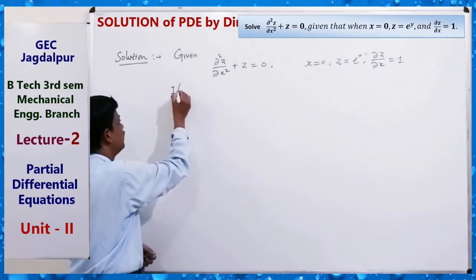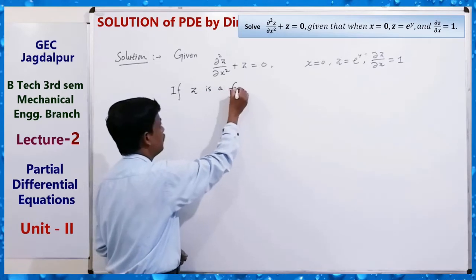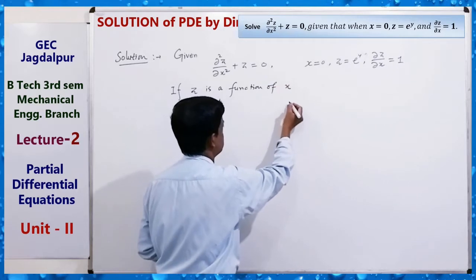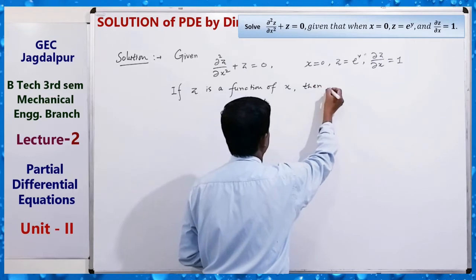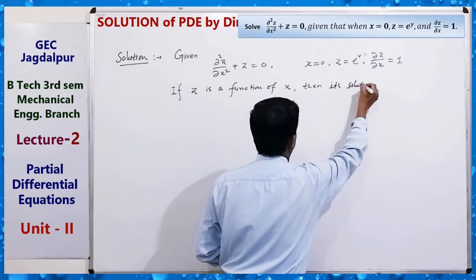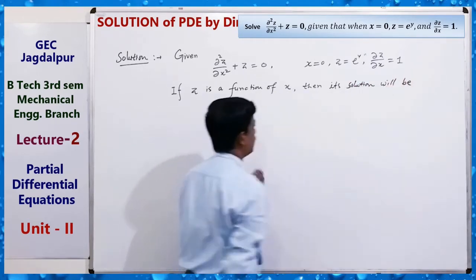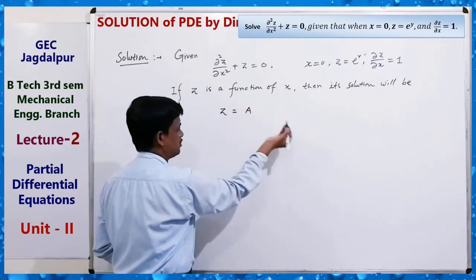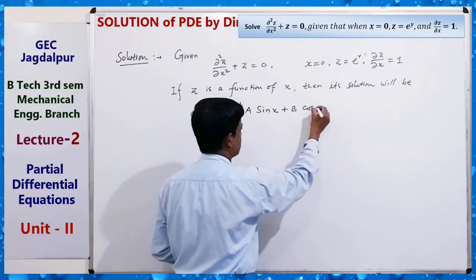If z is a function of x only, then its solution will be z equals to a sin x plus b cos x.